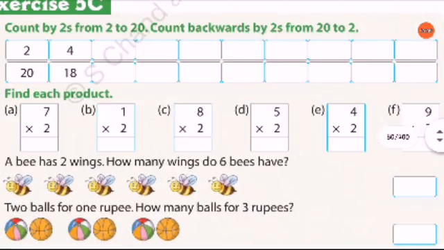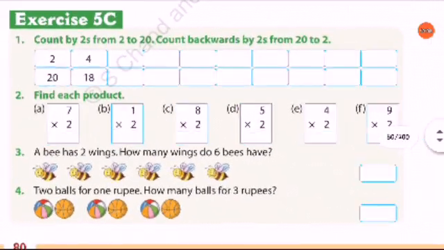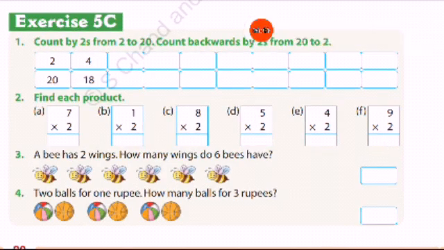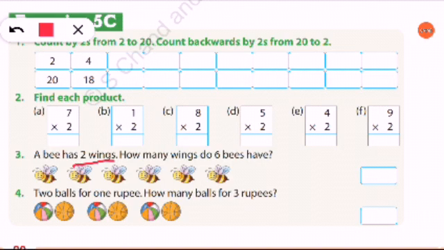Now see the next question. Question number three. A bee has 2 wings. You can see a bee. How many wings does it have? 1 and 2. Each bee has 2 wings. How many wings do 6 bees have? So how many bees are there? 1 2 3 4 5 6.